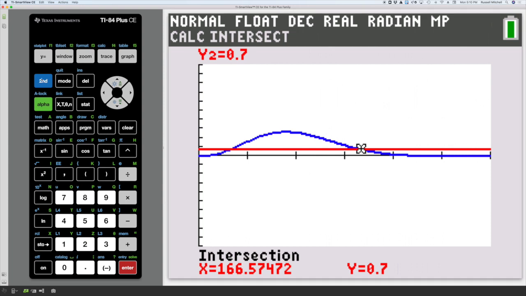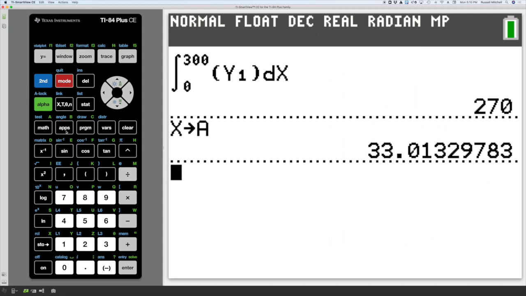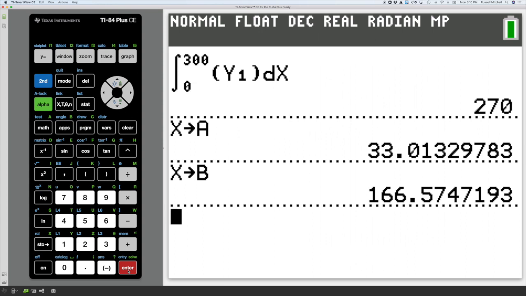So I'm going to quit this, and now I'm going to take X and store it as alpha B. So all I'll have to do is type in A and B in the calculator when I do this. Okay, so 166.575. You can write the rounded value, but when you do any calculations, you want to use the full decimal.